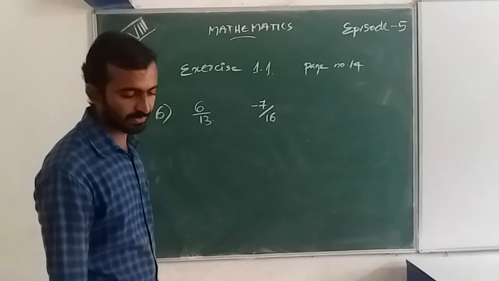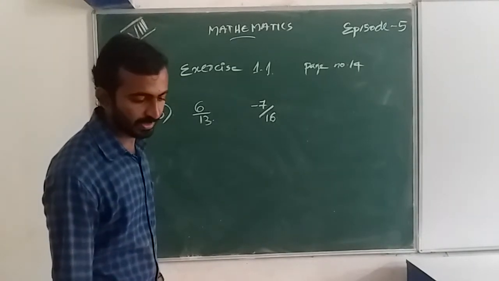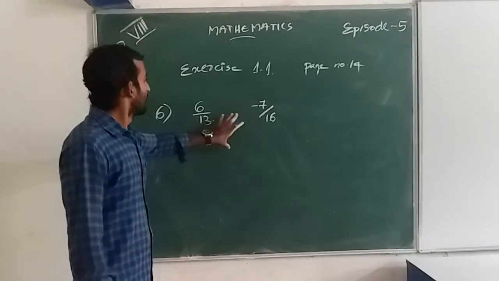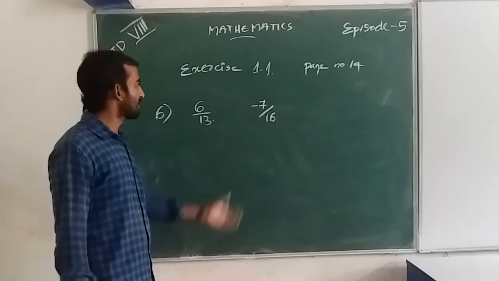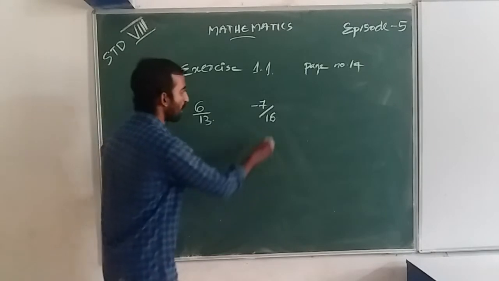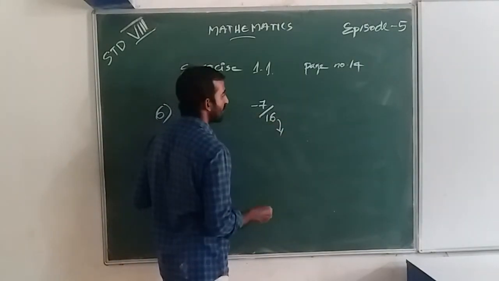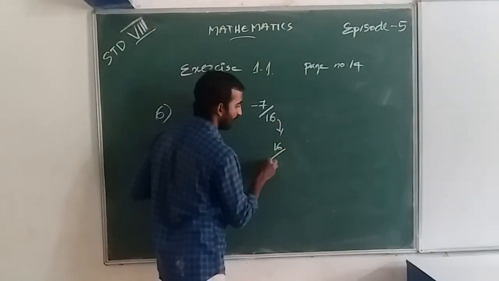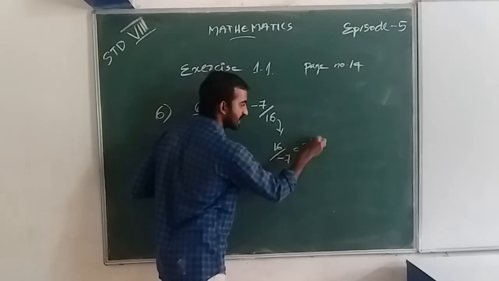What is the answer? We want to take the reciprocal of negative 7 by 16. That is, the reciprocal of negative 7 by 16 is 16 by negative 7. That is negative 16 by 7.